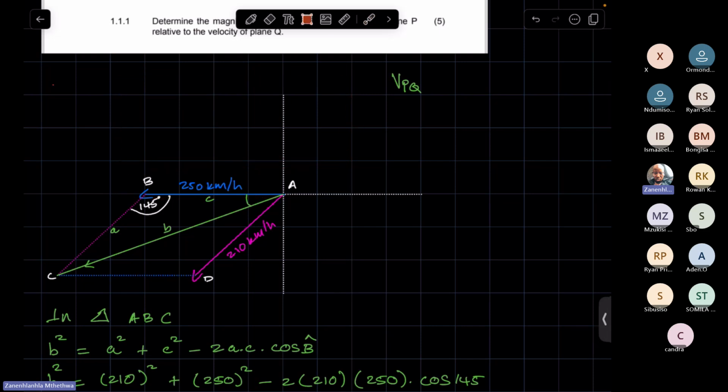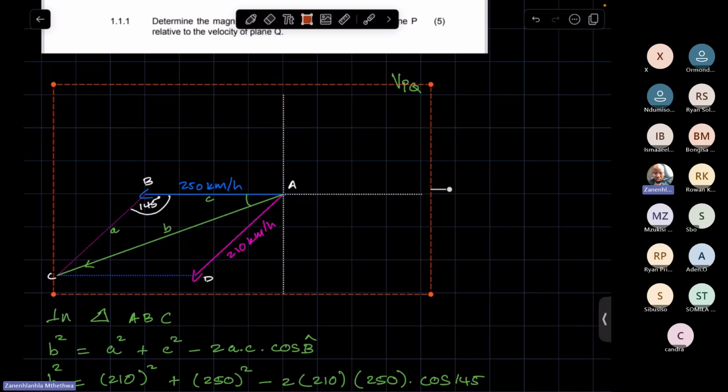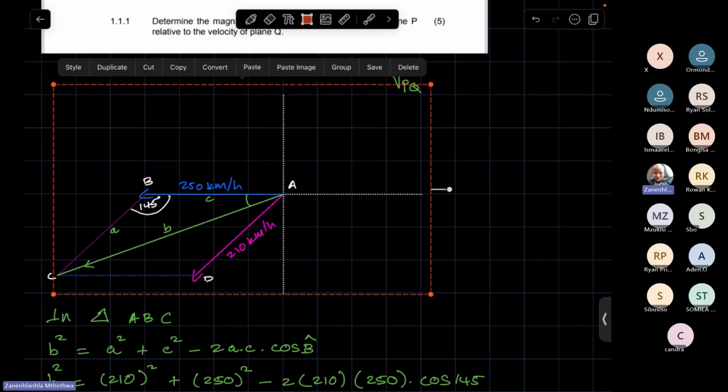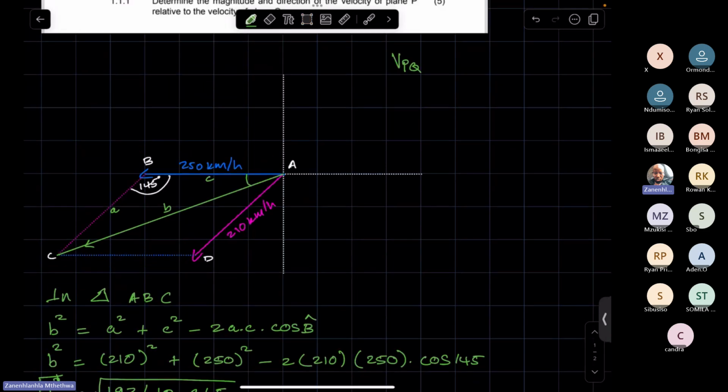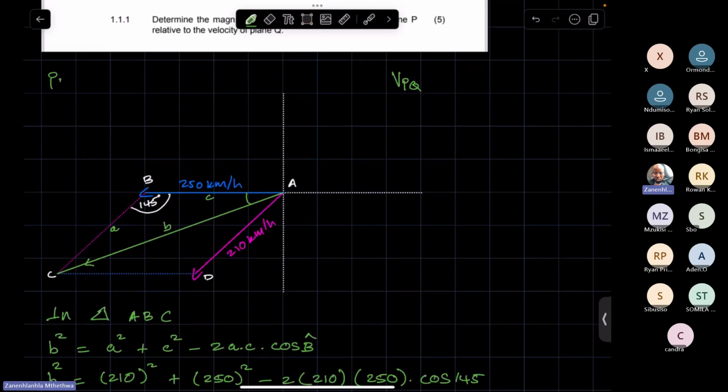Now let us look at how we would attempt the same question, but using the method of components. So this is the parallelogram of vector diagram method.